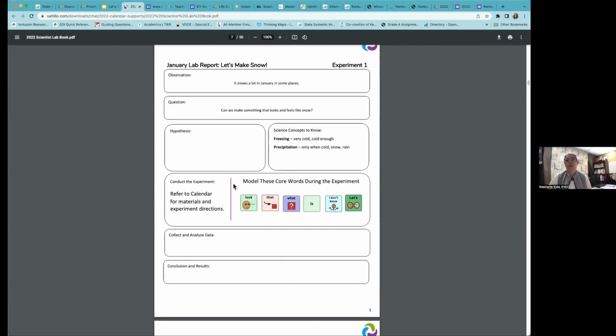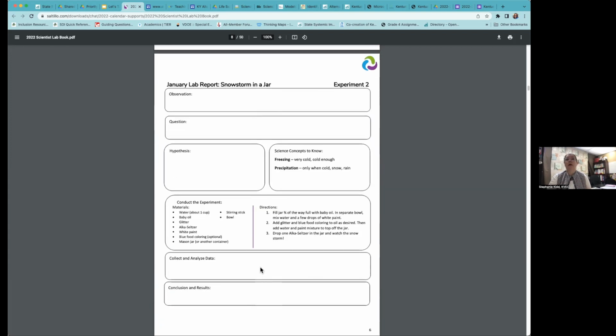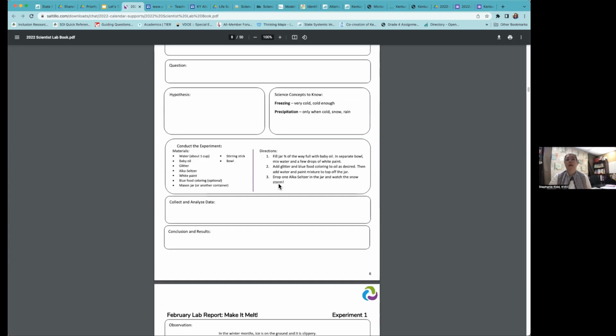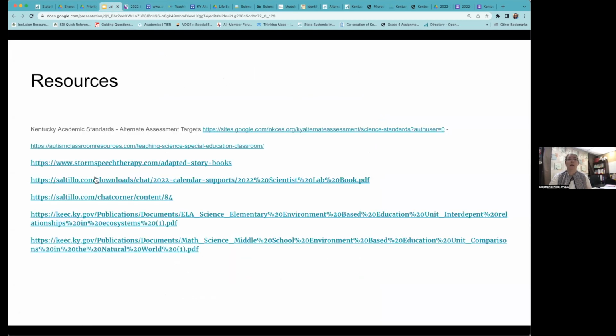Of course, if your kid can't write, if they can pick the words, then you go down here and maybe you write in for them or write in the words that they choose. So if you've got a PEX board, this is a wonderful one. Like I said, there's the science lab one for January. They've got February all the way through. So this is a great resource to have.